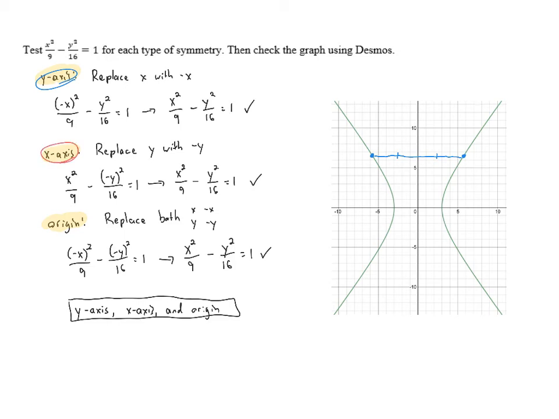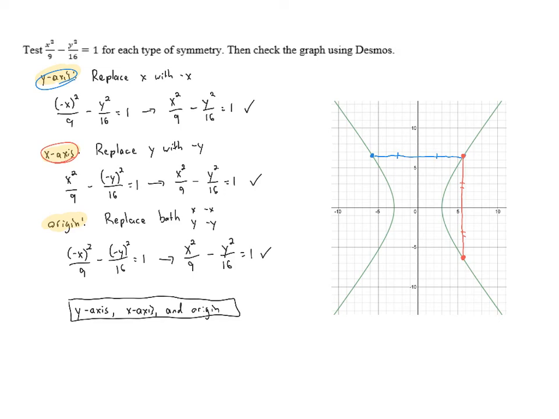Let's look at symmetry with respect to the x-axis. For any point that we have on this hyperbola, there is a corresponding point on the other side of the x-axis, an equal distance on the other side.